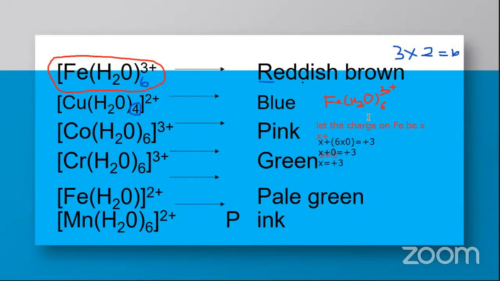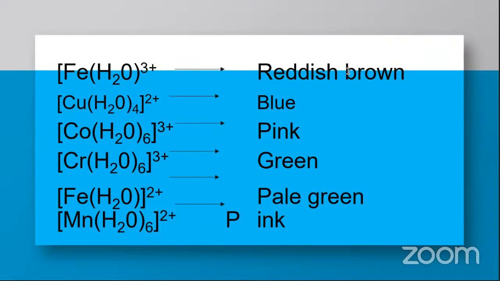To get the number of ligands, like I said, you just get the 3, the oxidation state, then times 2, and there we get 6. So that is how we got the 6 here. I hope I'm clear.